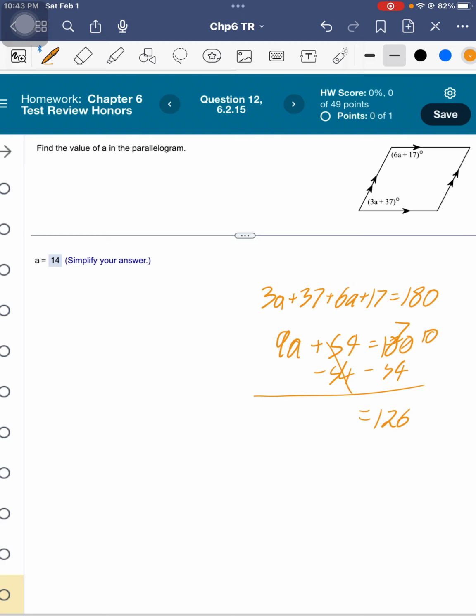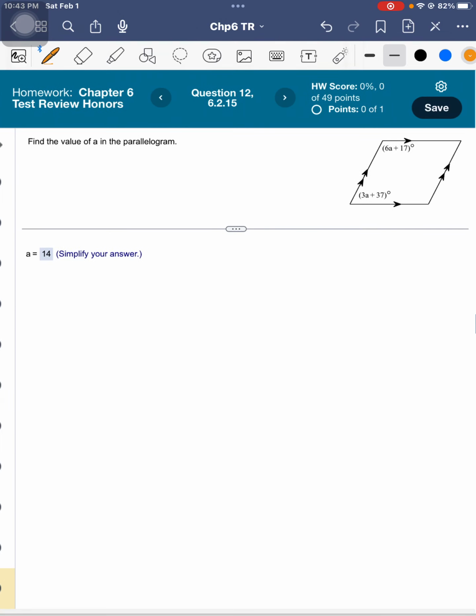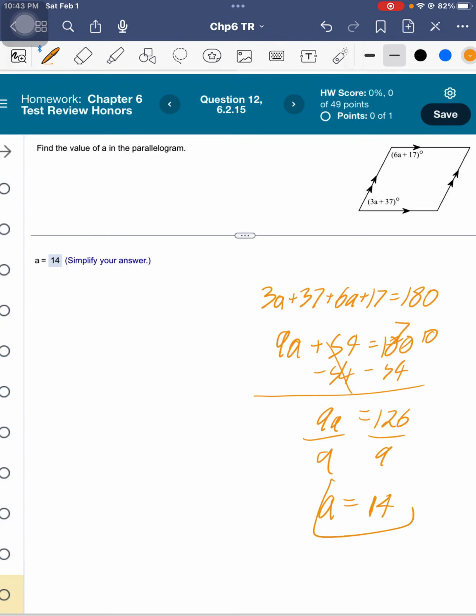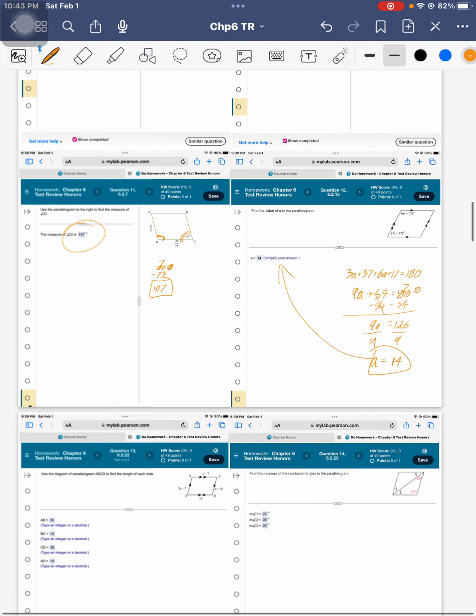Did I get that right? Yeah, 9a divided by 9 should give me 14. So the answer is 14. Good.